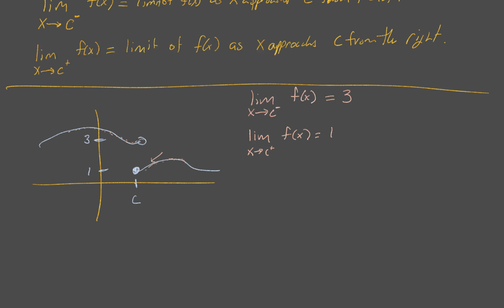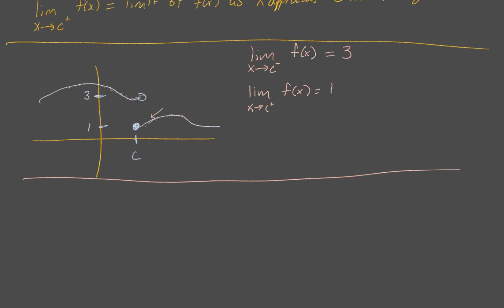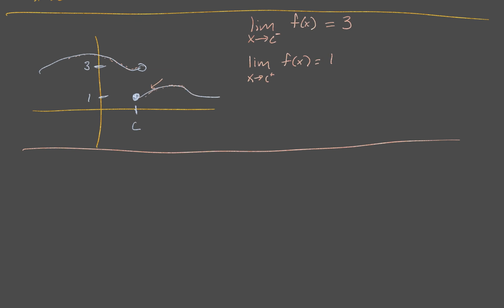Even though the limit doesn't exist at c because from the left we approach one value and from the right a different value, the left-hand limit and right-hand limit do exist, and in this case they are 3 and 1 respectively.